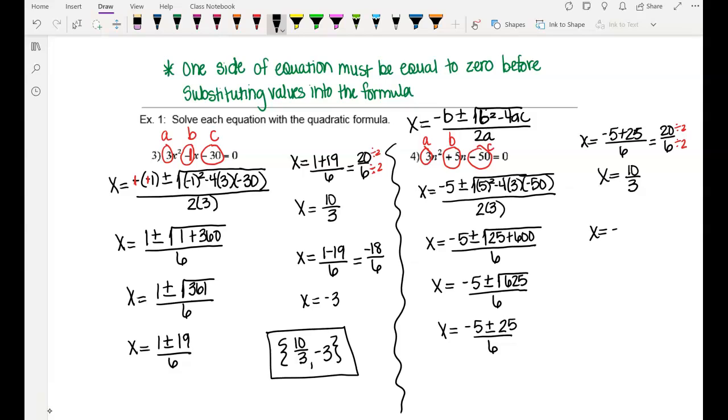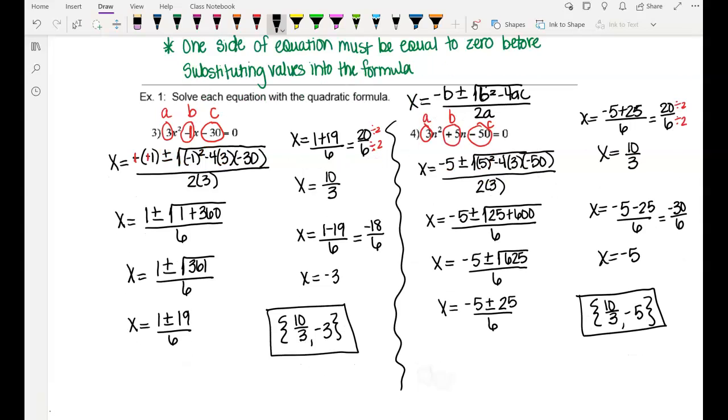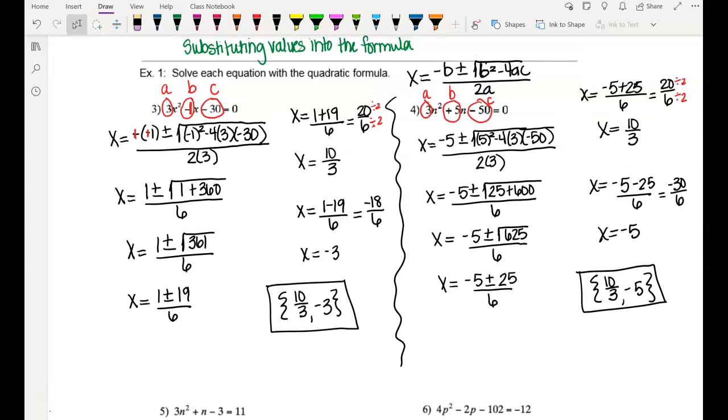And then x equals negative 5 minus 25 divided by 6, which is negative 30 divided by 6. So x equals negative 5. So my solution set is 10 thirds and negative 5. Those are the 2 points that my function is going to cross the x-axis.